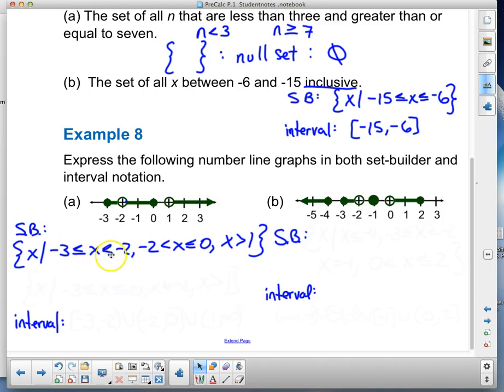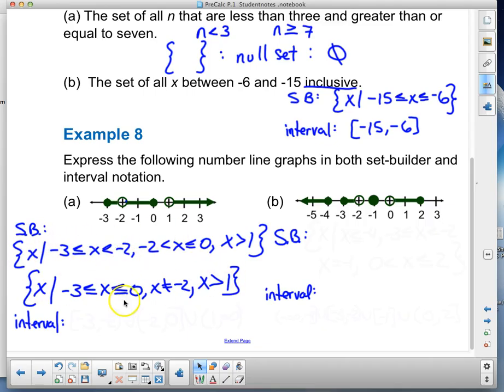So this represents all the possible pictures I've got up there, but I can write it another way possibly. What if I wrote it this way? The set x such that -3 is less than or equal to x, less than or equal to 0, where x cannot equal -2, and x is greater than 1, is an alternative way of writing the same answer.